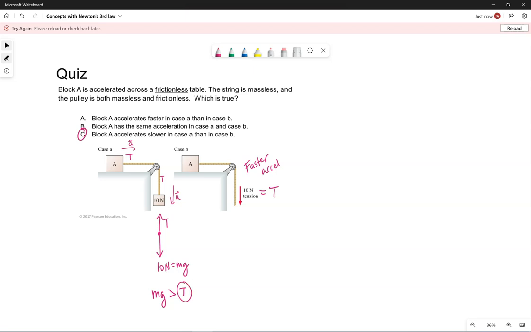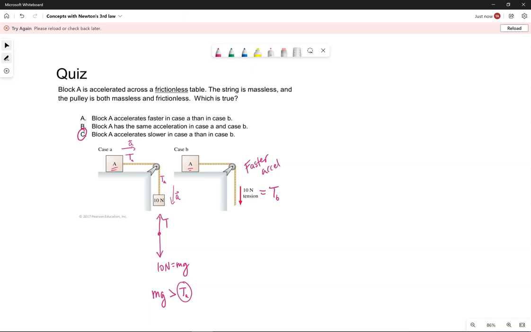So tension in case A is going to be smaller than the tension in case B. With the smaller tension on the same box A, smaller tension will result in a smaller acceleration or a slower acceleration.